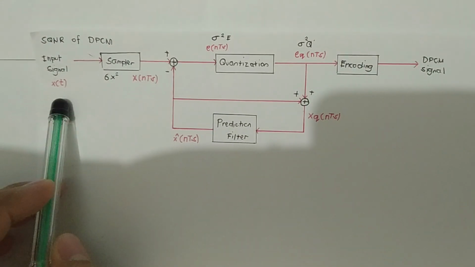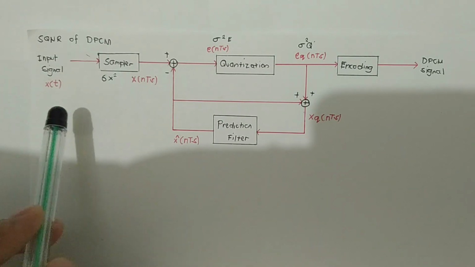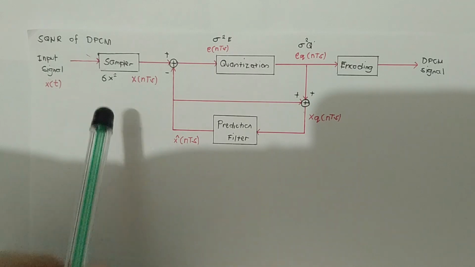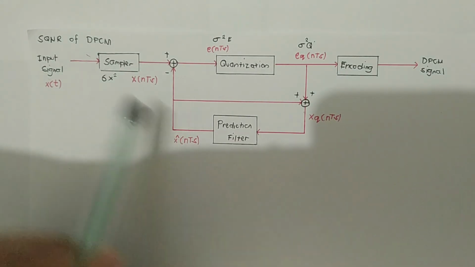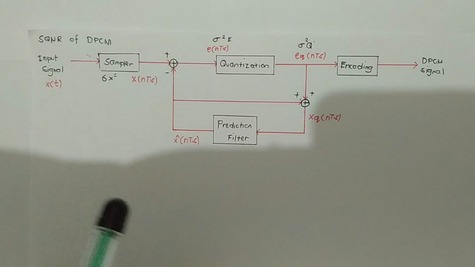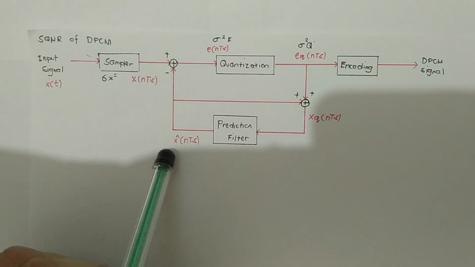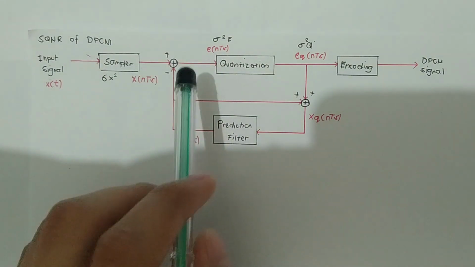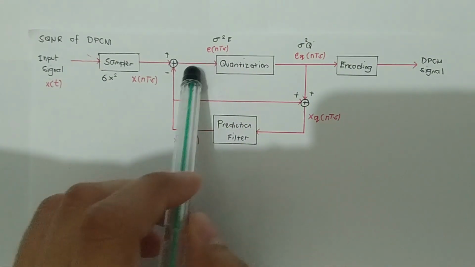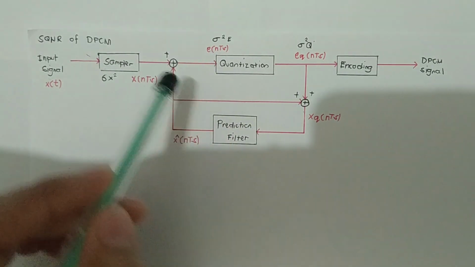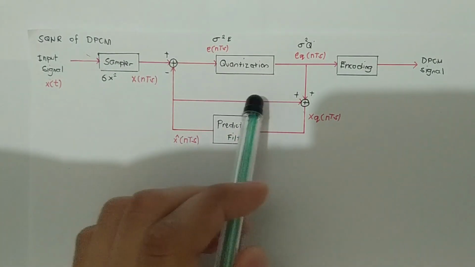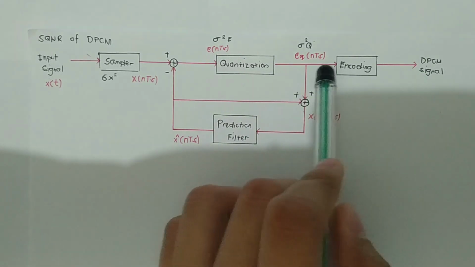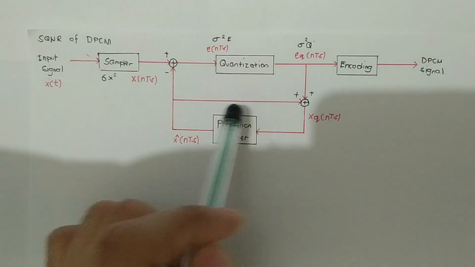Magsisimula siya sa input signal, which is x of t, and dadaan siya sa sampler, which is magiging x of nTs, and yung difference ng sampler and yung prediction filter or yung x cap of nTs ay magiging e of nTs, which is ito yung error. And then yung error na to dadaan sa quantization na magiging eq of nTs, or ito yung magiging quantized error.